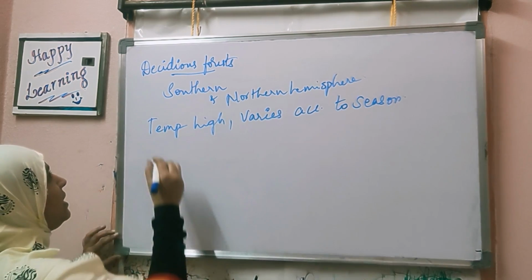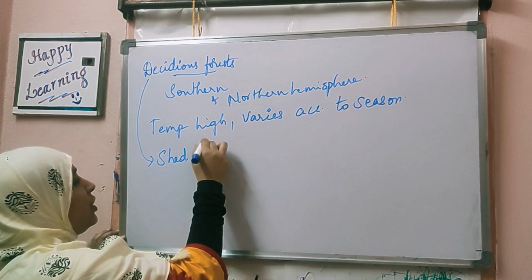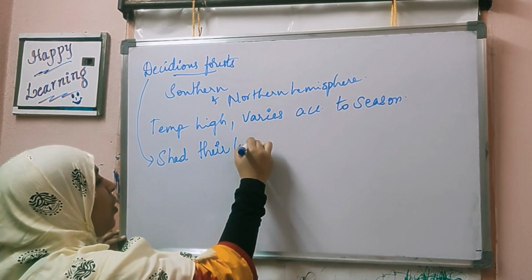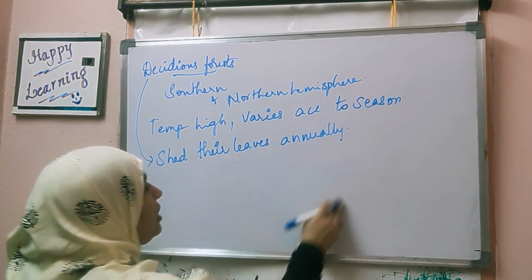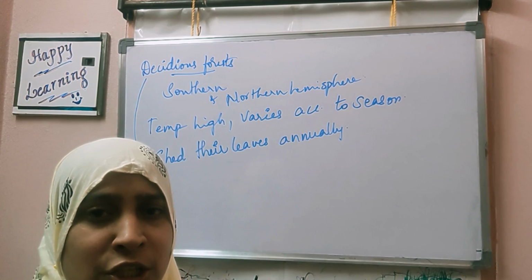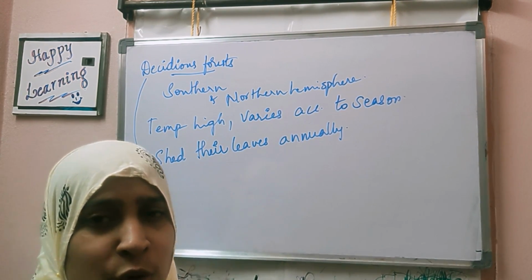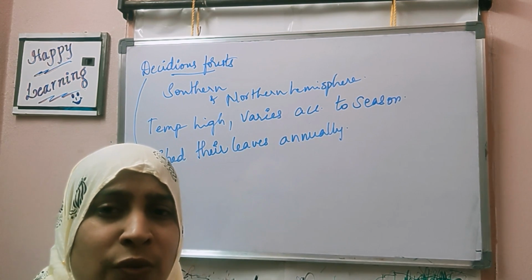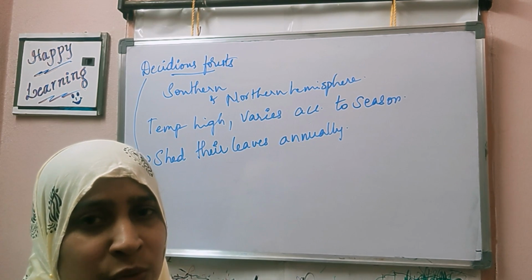These trees shed their leaves annually, and that's why they are called deciduous forests. Deciduous forests present in hot climatic conditions shed their leaves in spring, before the summer season, and those found in colder climatic conditions shed their leaves before the winter season.